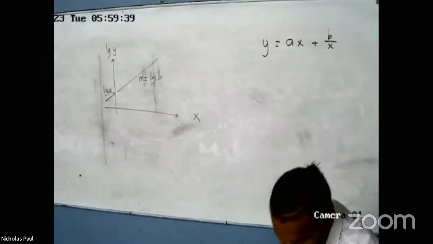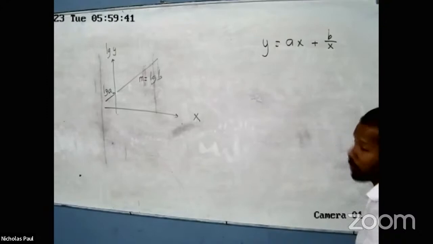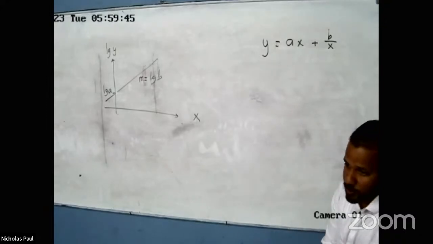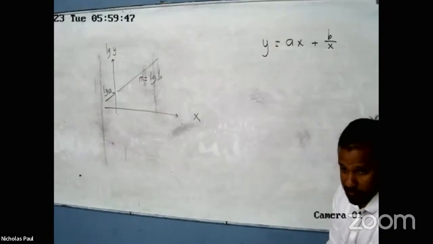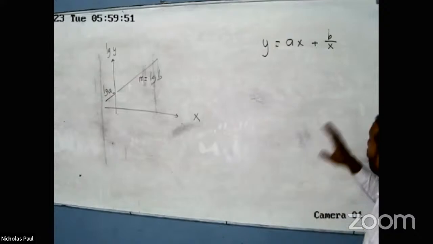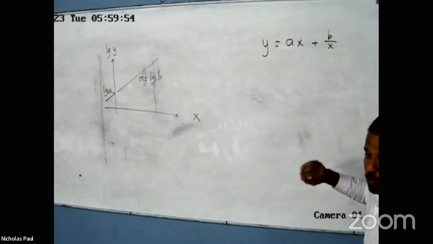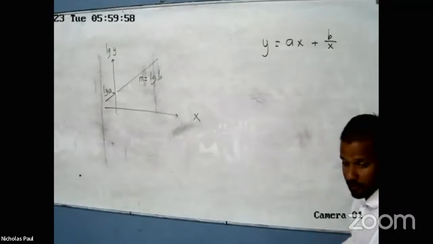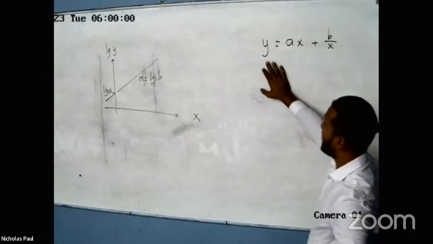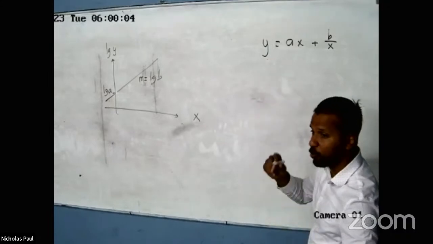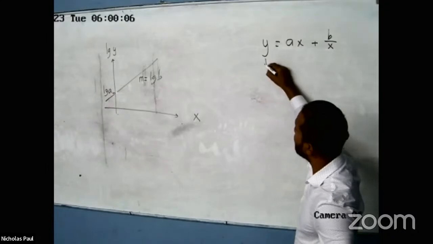You have y is equal to ax plus b on x. We have to linearize that, as it is not a straight line, some kind of curve. We need to linearize this. Put it in the form y is mx plus c. And the way it looks, can I leave this as my y, based on the rules I gave you?